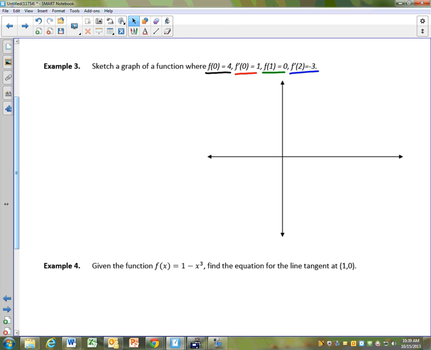What does the first one in black mean? Good. We have the point 0, 4. Good. What does the green one mean? There's a point at 1, 0.